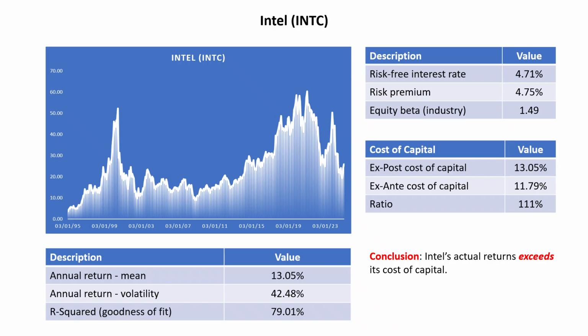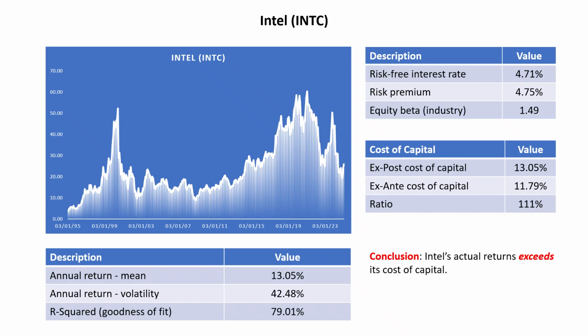So our ex post cost of capital, what we got from the regression equation, is 13.05%. The ex ante cost of capital, which we got from using the risk-free rate and the risk premium, this is what the market would expect, is 11.79, and the ratio is 111%. So that means that Intel performed about 11% better than expected.